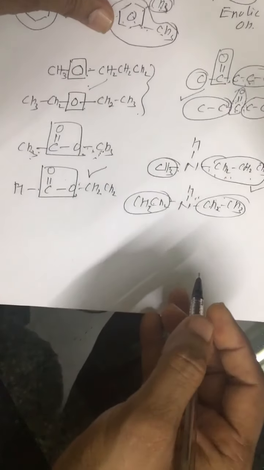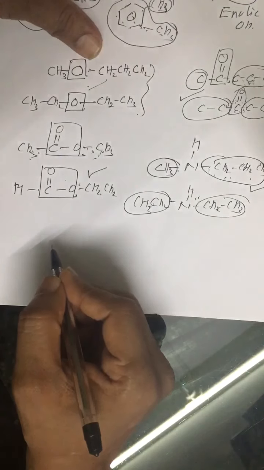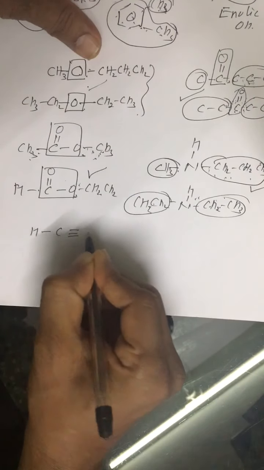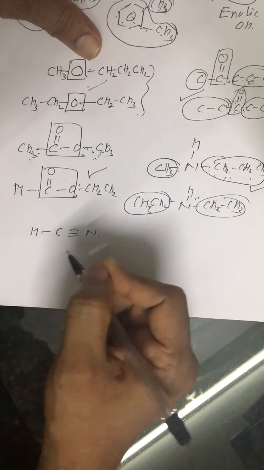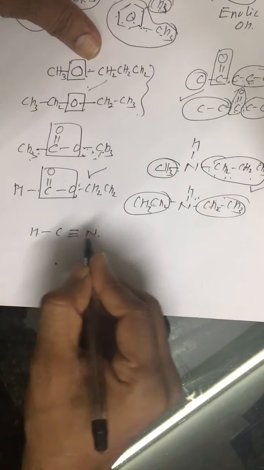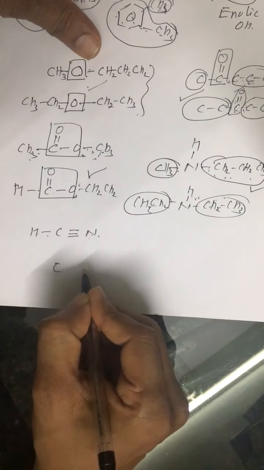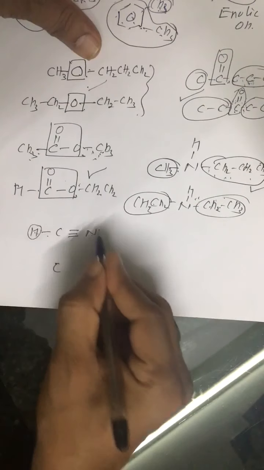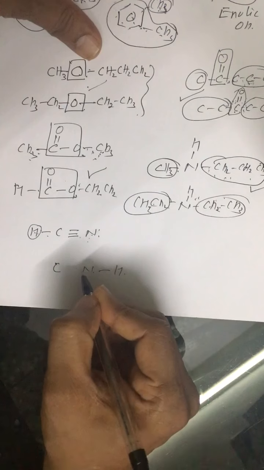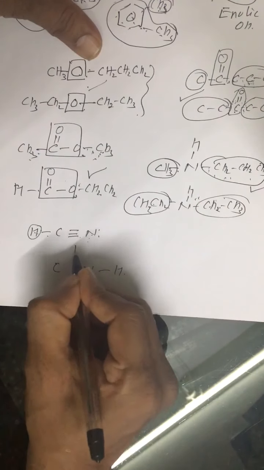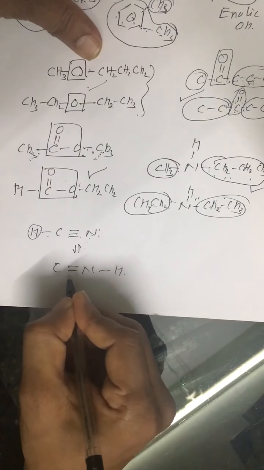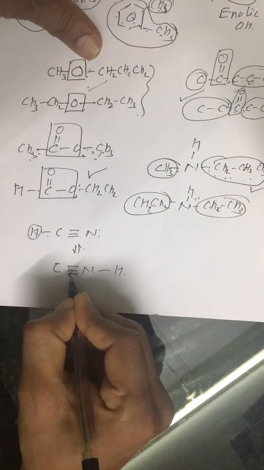Then comes tautomerism. In tautomerism, it is basically functional group isomers. The position of carbon and nitrogen remains unchanged, but the position of hydrogen gets changed. If these functional group isomers are in a state of dynamic equilibrium, then this is called tautomerism.